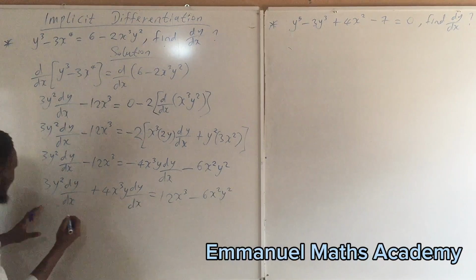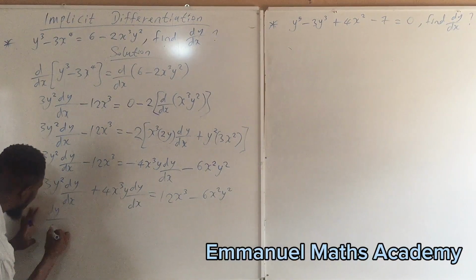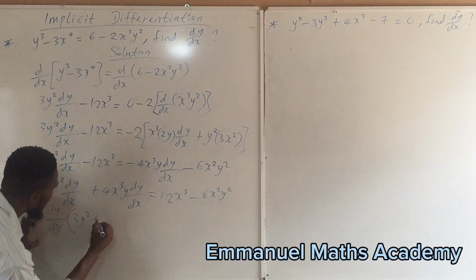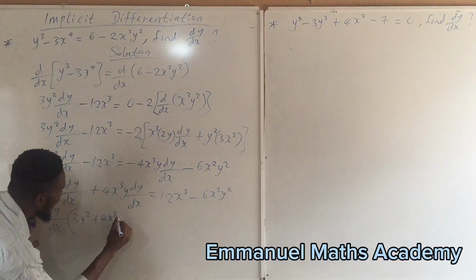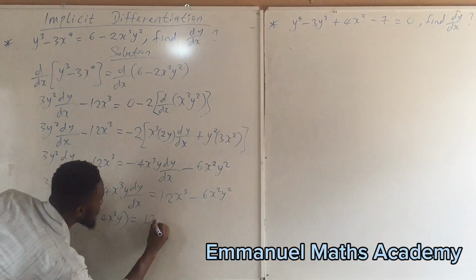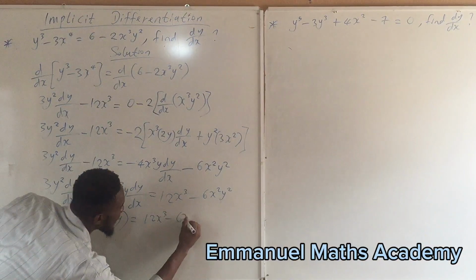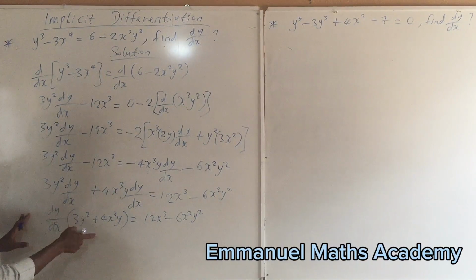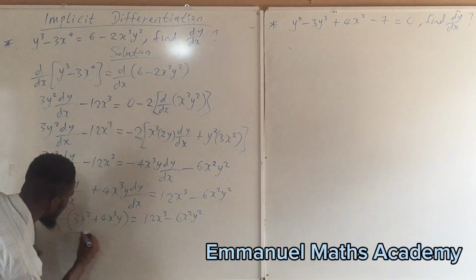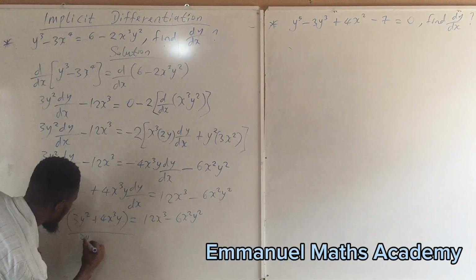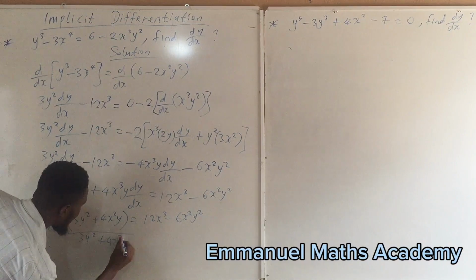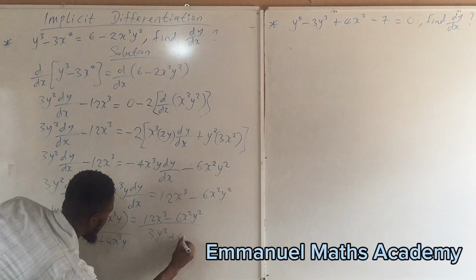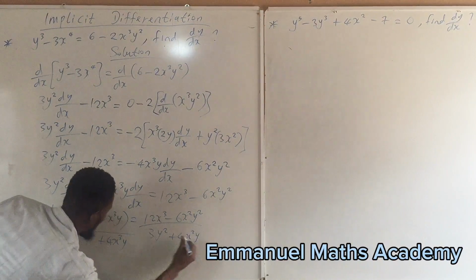When you factor it out, you have dy dx bracket 3y square plus 4x power 3 y equal to 12x power 3 minus 6x power 2 y power 2. You now divide through by 3y square plus 4x power 3 y.